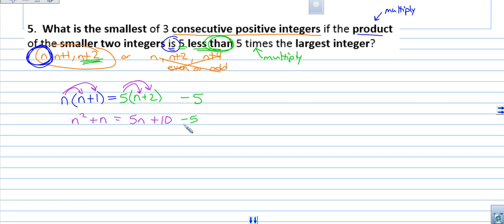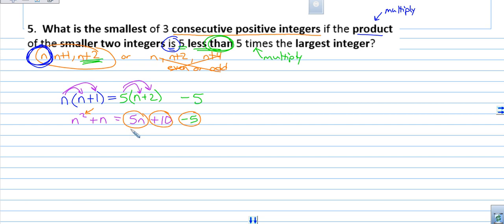So now when you're seeing this, you've got an equation, you've got letters and numbers. You see this square right here. Whenever you see a square inside of an equation, everything's got to come to the side with the square. So we're going to move this 5n, this 10, and this minus 5 all to one side.